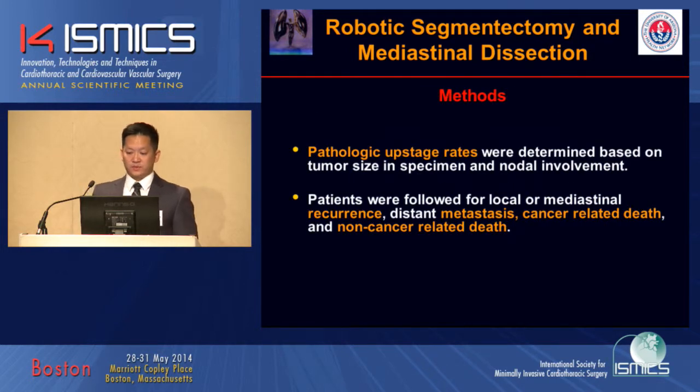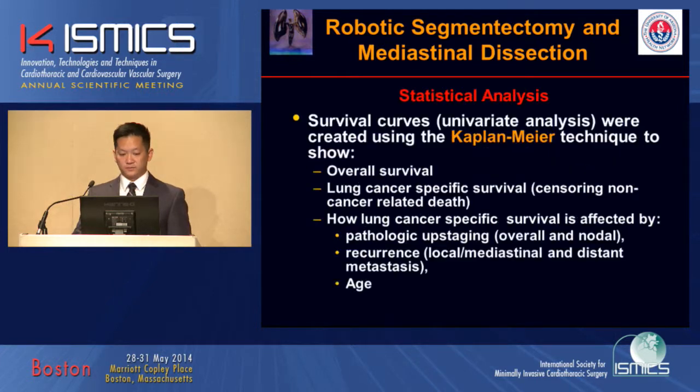Pathologic upstage rates were determined based on tumor size in the specimen and nodal involvement. Patients were followed for local or mediastinal recurrence, distant metastases, cancer-related death, and non-cancer-related death. We performed a statistical analysis to develop survival curves based on the Kaplan-Meier technique to determine overall survival and lung cancer-specific survival, which we defined as censoring non-cancer-related death.